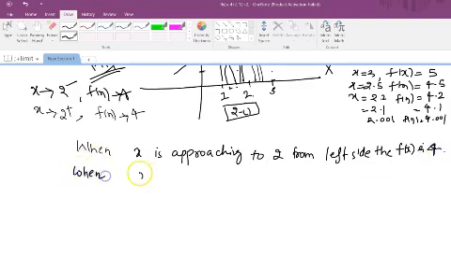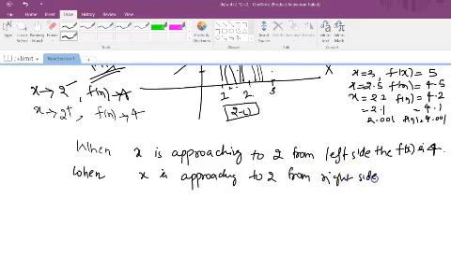Similarly, when x is approaching 2 from the right side, the value of the function is again 4.